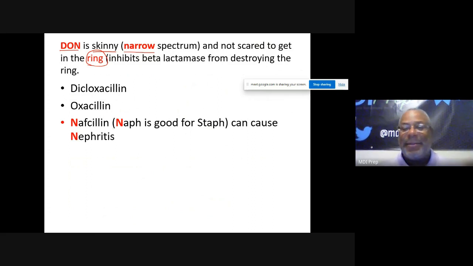So let me recap what I just said. You remember how we can say bacteria get really smart, and so they start to become more resistant. So what we do is we use what we call a beta-lactamase inhibitor for those bacteria that are starting to target the beta-lactamase.